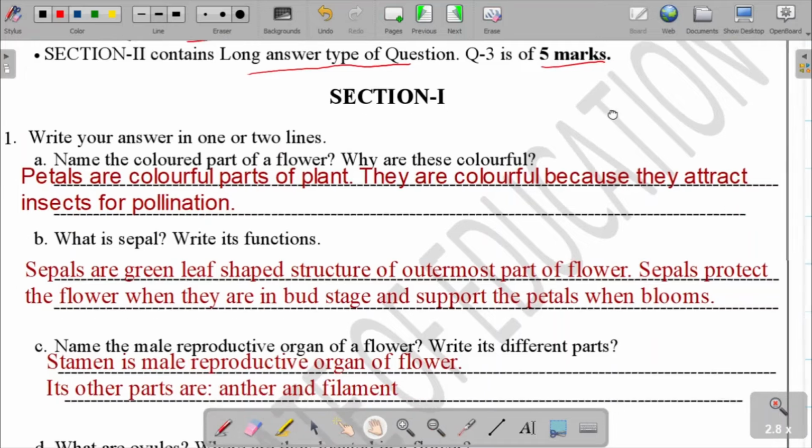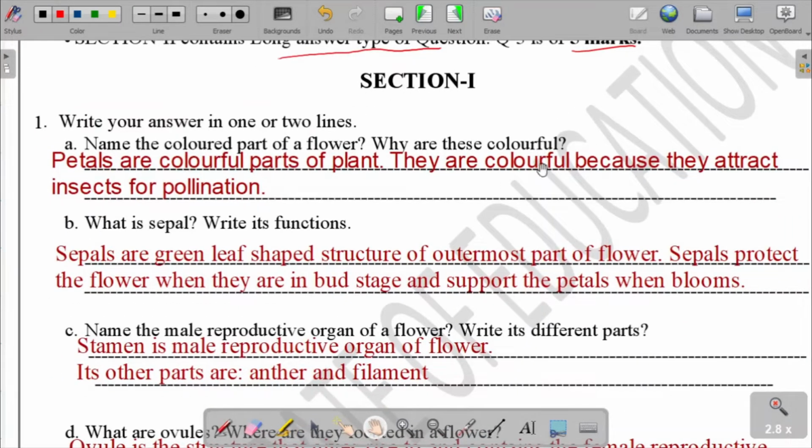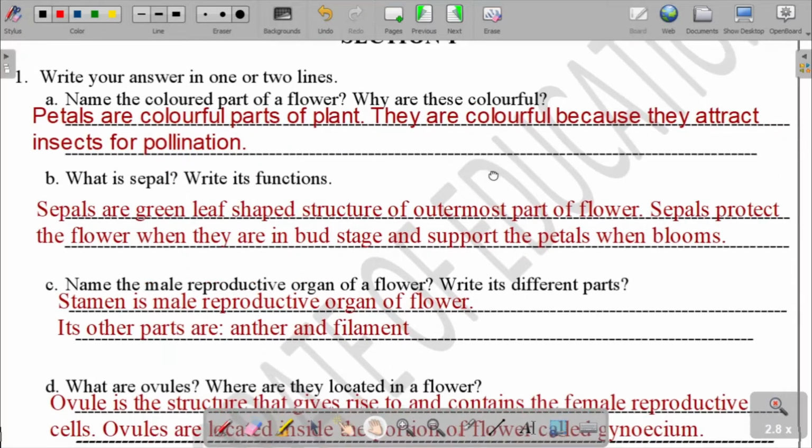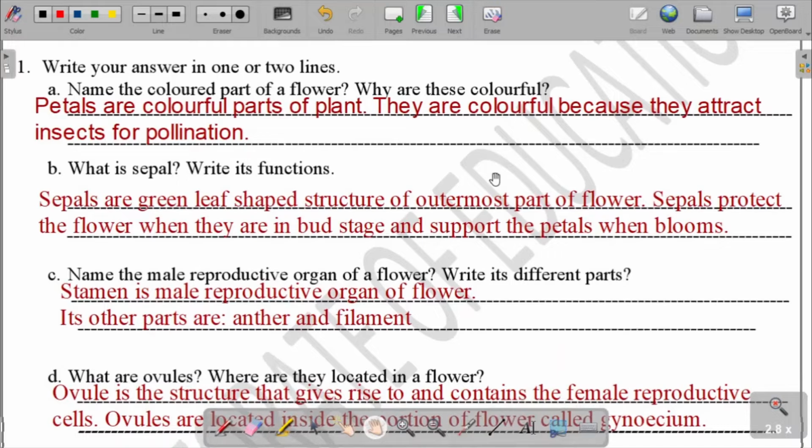Okay, so our first question is: write your answer in 1 or 2 lines. First part is, name the colored part of the flower. Why are these colorful? Petals are colorful parts of plant, and why are they colorful?